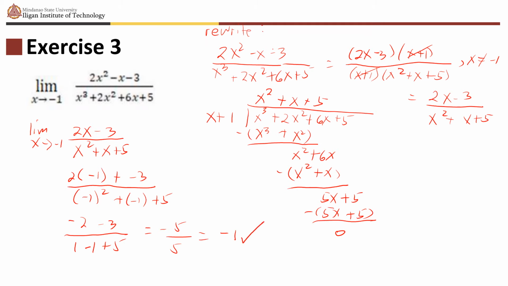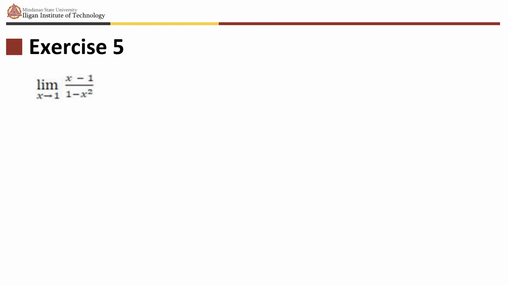So we now go to the next exercise, that is exercise 5. This one is easier to rewrite because we know that we can factor 1 minus x squared. So this time we can rewrite x minus 1 all over 1 minus x squared as x minus 1 over 1 minus x times 1 plus x.